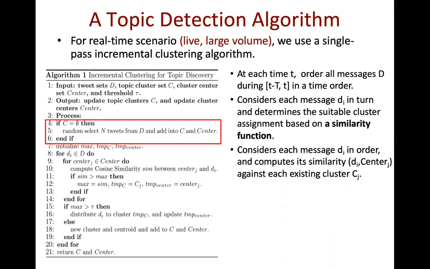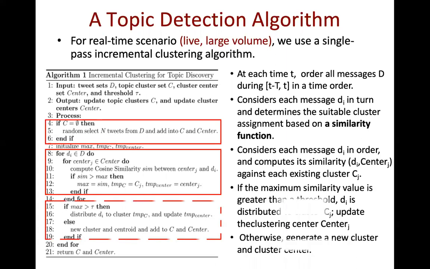And then if your threshold is passed, like your similarity with one of the centroids is more than a threshold X, or T, how it's called here is CJ, right? Then you can assign this new tweet to this cluster. And if it's lower than the threshold, then the new tweet becomes its own cluster.